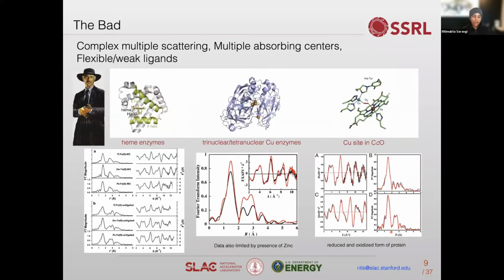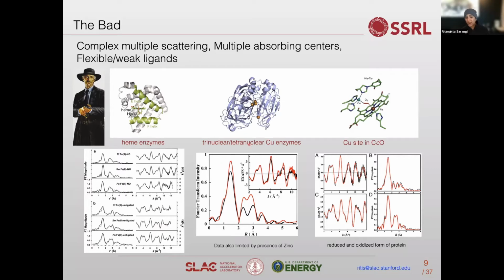And then you have the bad systems, which have complex multiple scattering, multiple absorbing centers, flexible and weak ligands. Heme enzymes fall in that category because they have this complex multiple scattering, and you really need to fit the entire data to get meaningful information out of it.